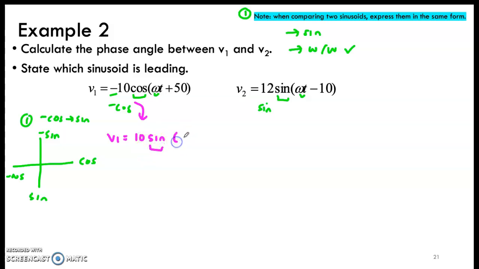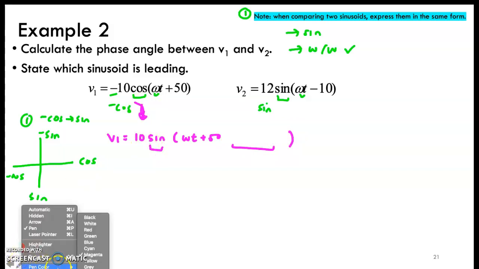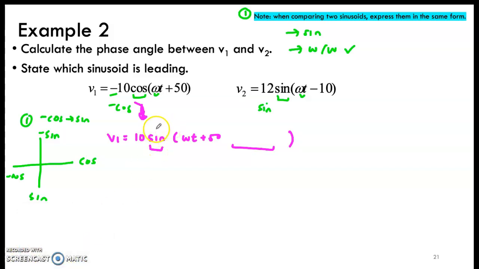Because you want to compare omega t plus 50. Okay, what is the number here? So if you look at this part, this is sine. You're going to change sine here to become minus cos, so look at the direction.